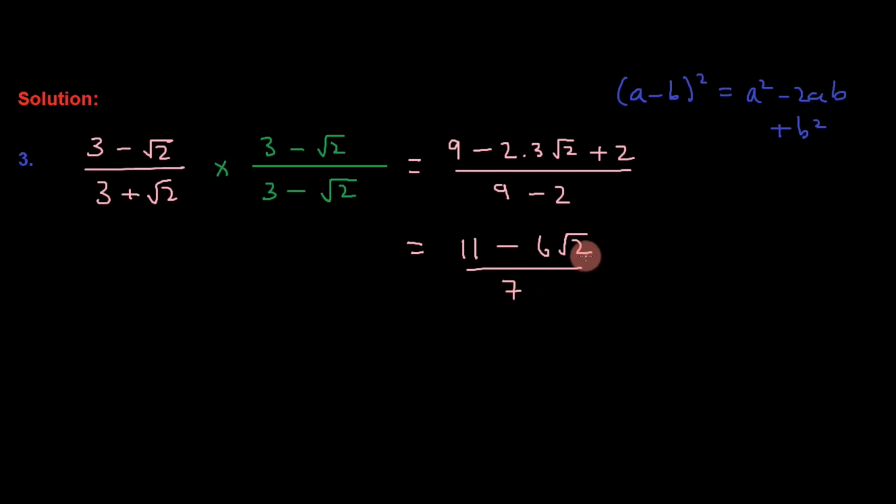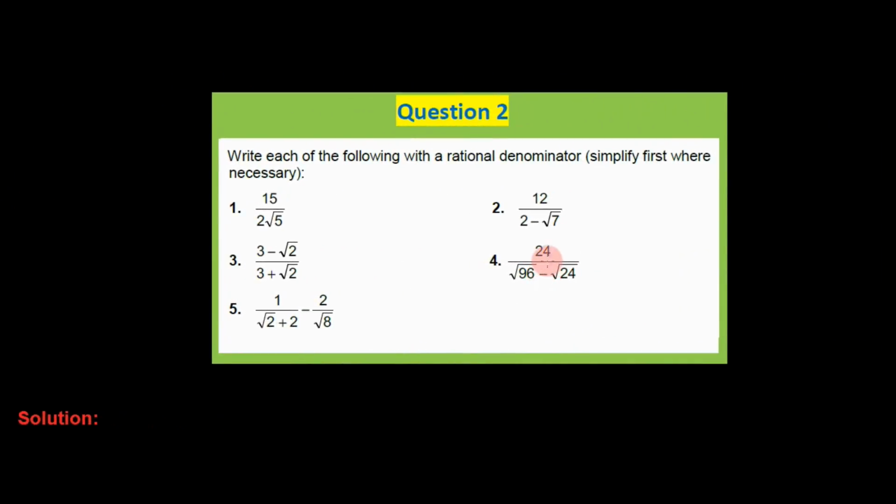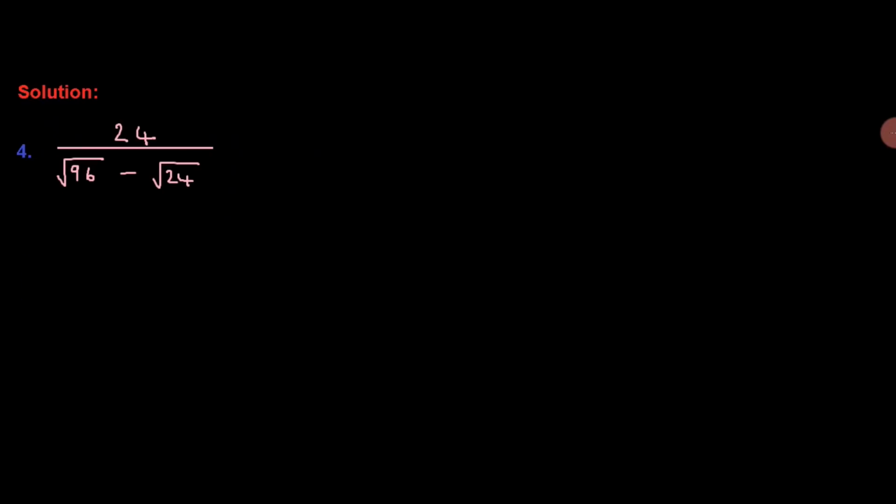And this is the final answer because we can't simplify this any further, and the denominator is now a rational number. Then in number 4, we have 24 over the square root of 96 minus the square root of 24. Before we rationalize here, we're going to simplify the terms in the denominator first.